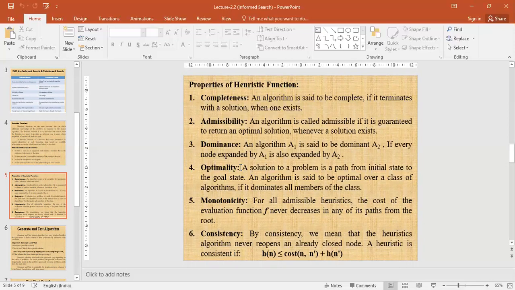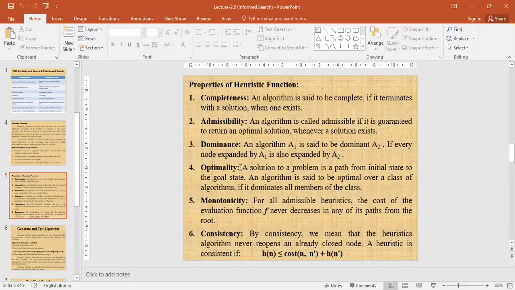Dominance. An algorithm A1 is said to dominate A2 if every node expanded by A1 is also expanded by A2. Optimality. A solution to a problem is a path from initial state to the goal state.